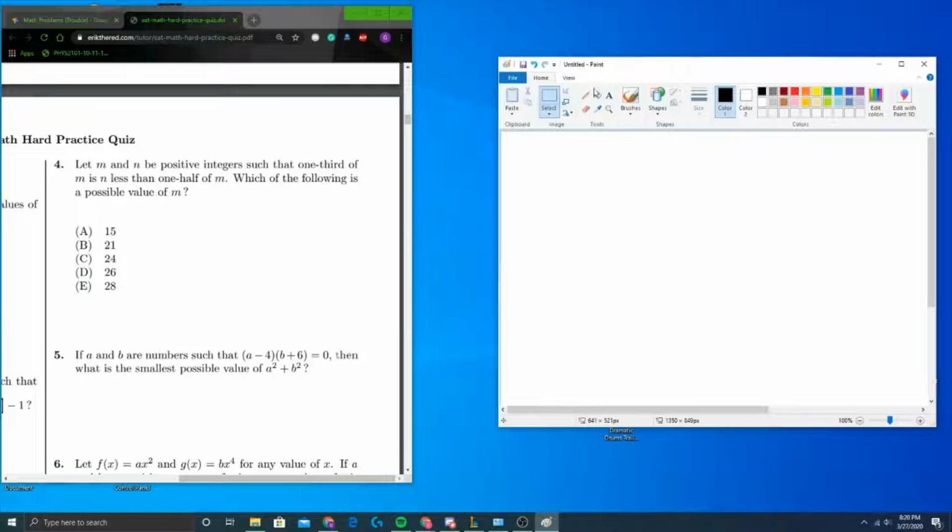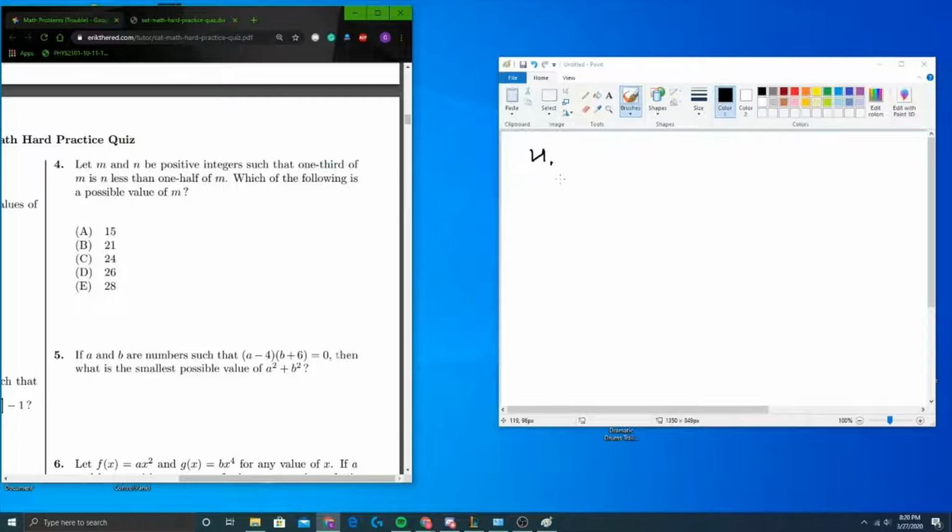Okay, question number 4. Let m and n be positive integers such that 1/3 of m is n less than 1/2 of m. Which of the following is a possible value of m? So I'm reading this, and we could translate this word expression into a mathematical expression.